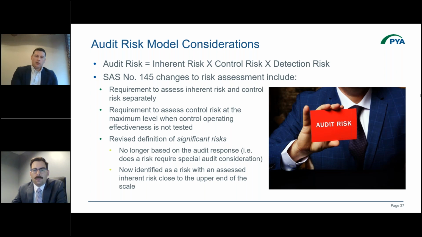Now it says that, well, no, you can't just go in and give an overall risk of material misstatement rating. You have to go in individually and evaluate these. So auditors going forward are going to be required for every area to not just give an overall score. They're going to have to go in and make sure that they document what is the inherent risk of this area, what is the control risk of this area.